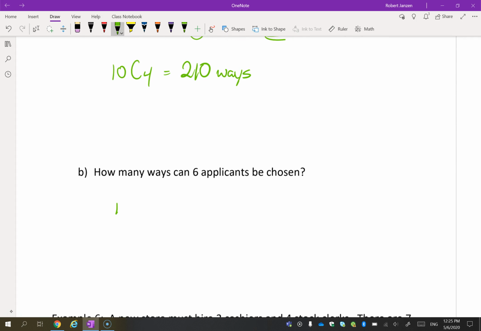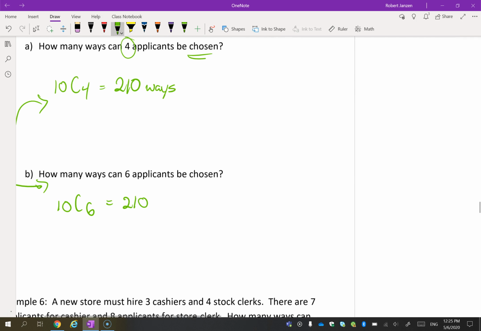Now here's something that for some reason this course really gets hooked on. If I go 10 choose 6, it's also 210. And the question is, why are those the same answer? It has to do with the formula. What is 10 choose 4? It's 10 factorial over 4 factorial times 10 minus 4 factorial.